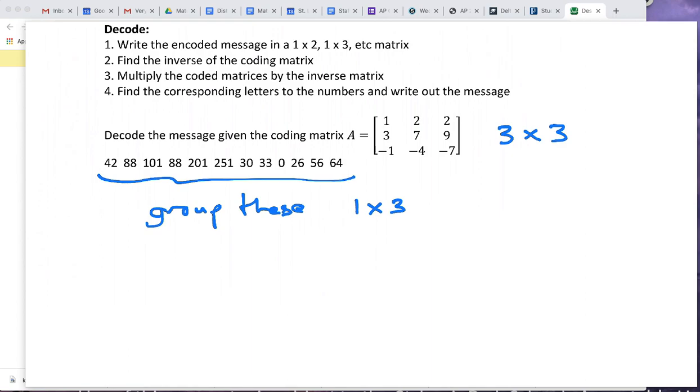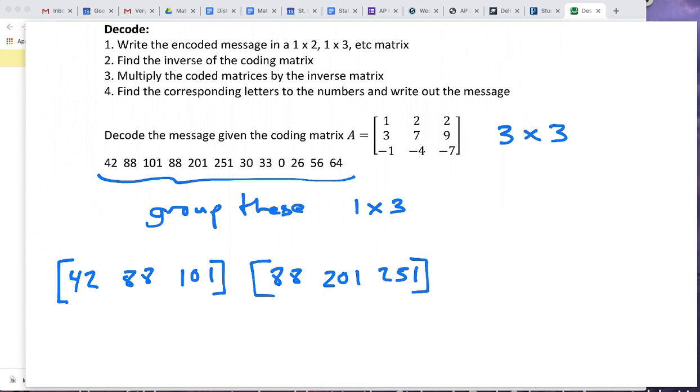I'm going to group the first one as 42, 88, and 101. I'm going to group the next group as 88, 201, and 251. I'm going to group the next group as 30, 33, and 0.